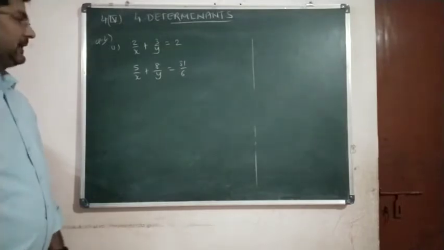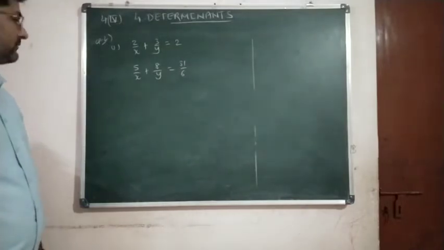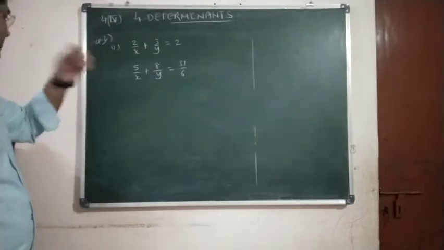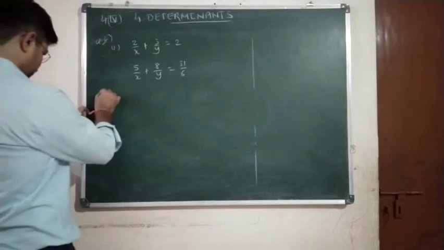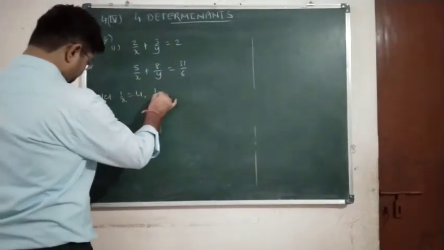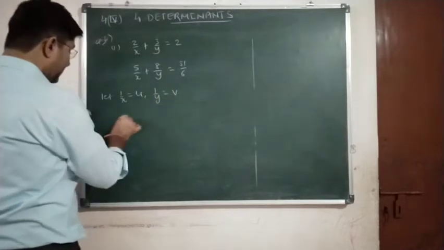Now for 1 by x and 1 by y we can consider some variables. This equation can be further simplified. Let 1 upon x be equal to u and 1 upon y be equal to v.